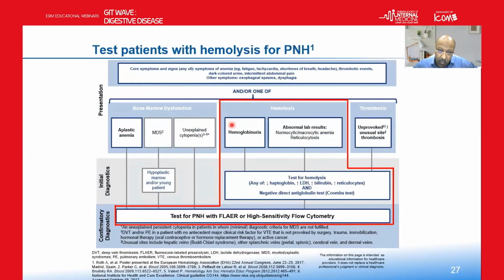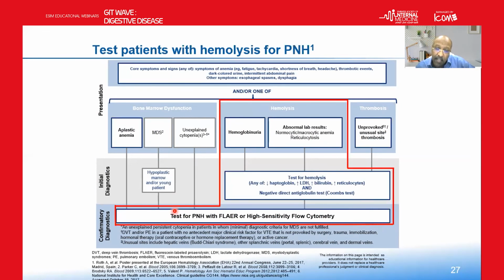So for any patients with hemoglobinuria and lab abnormalities, you can send for the test, or you can refer to hematology to organize the test for PNH, which is done, as I said, by flow cytometry, which is available in a lot of big centers.